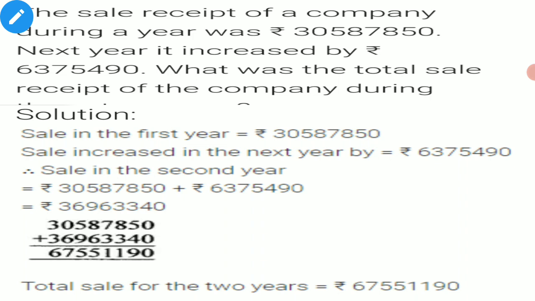For that, the sale in the first year is 3,5,87,850 plus 3,69,63,340. We add both, and this will provide us the total sale of the 2 years, which is equal to 6,75,51,190.